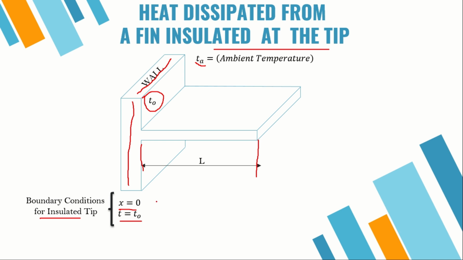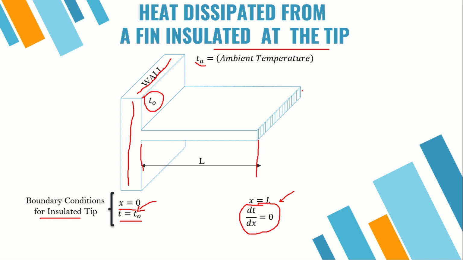We have already assumed that the temperature is T naught here at the wall. The next boundary condition is x is equal to L, at the tip, where the condition is dT by dx is equal to 0. We will understand how this condition came in the next slide or in the next video.